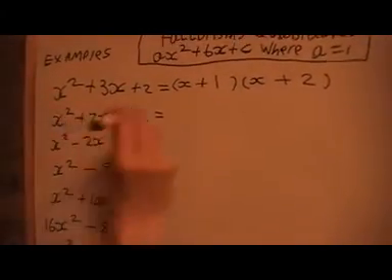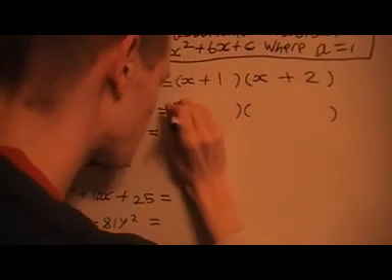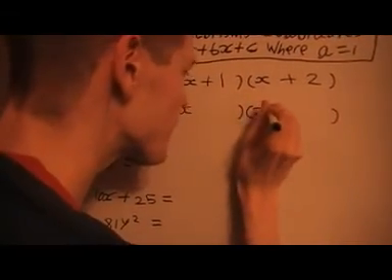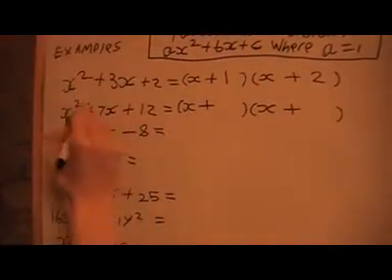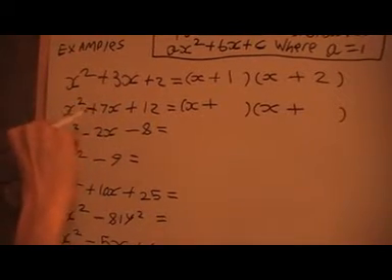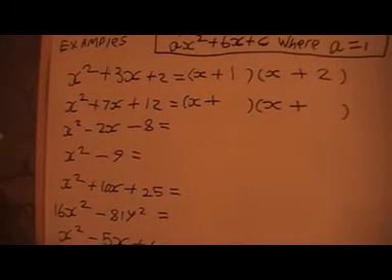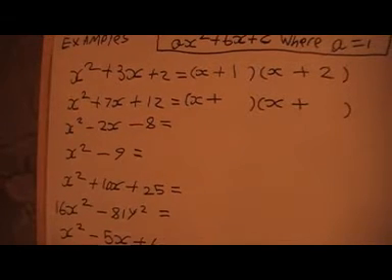Next one, we want to do the same thing again. Put an x at the front of each bracket. And I need two numbers that add to make 7 and two numbers that multiply to make 12. Well, to make 12 we've got a few different possibilities.